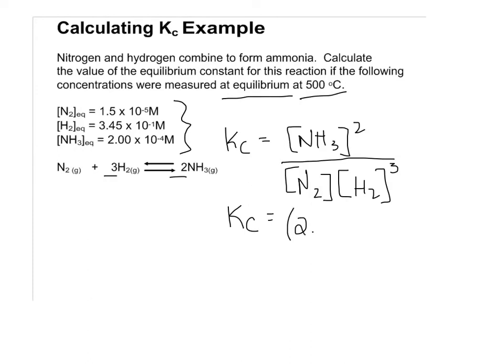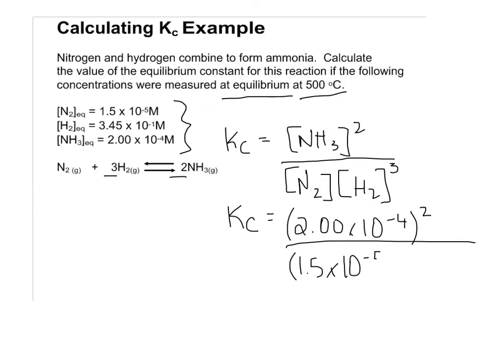So we've got 2.00 times 10 to the negative 4 squared divided by N2, which is 1.5 times 10 to the negative 5, and H2 is 3.45 times 10 to the negative 1, and that will be cubed.